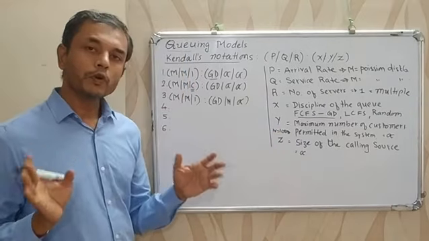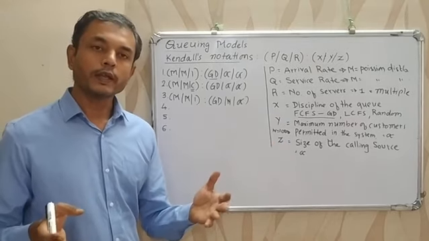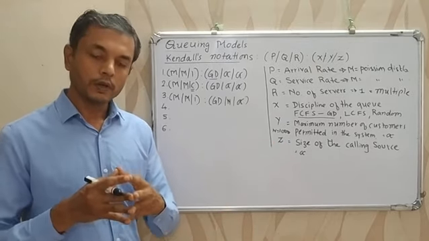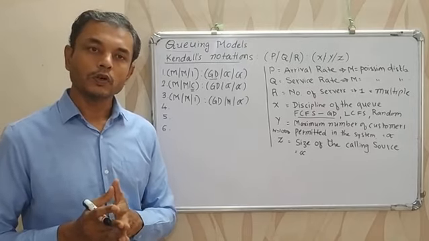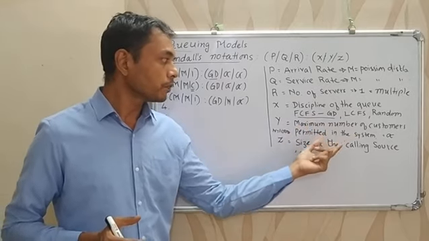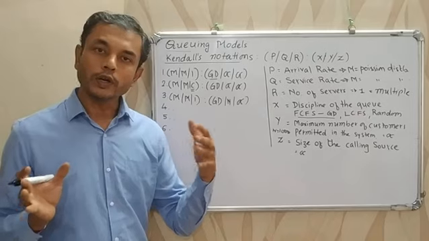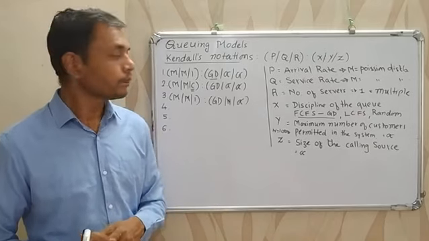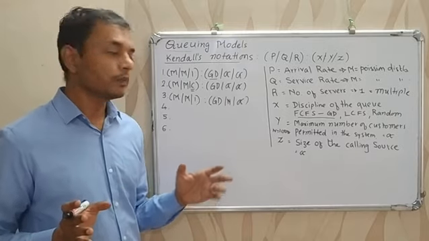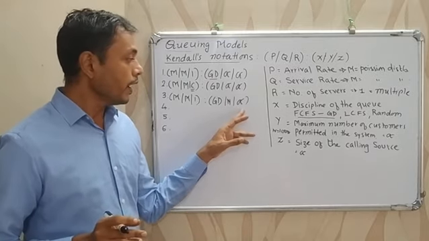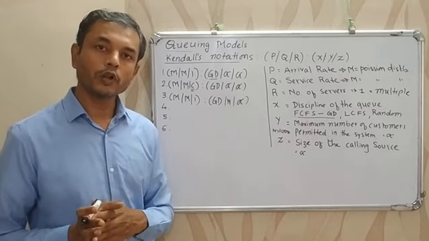Then the daily maximum number of customers permitted in the system is 1000. Let's take an example: if a doctor serves 20 patients every day, then the maximum number of customers permitted in the system is 20, so the length of the queue does not exceed 20 customers. So the maximum number of customers permitted in the system is fixed, and the size of the calling source is infinite. It is known as the third model of the queuing system.